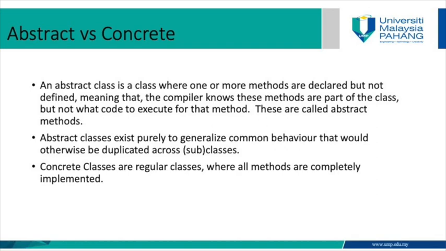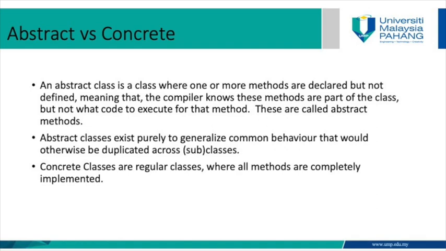It's a class where one or more methods are declared but not defined, meaning that the compiler knows that the method is there, and it is part of the class, but it is not executable. It's not like the whole class is not executable, but for the specific task, the compiler will not execute that specific method. This is called the abstract method.